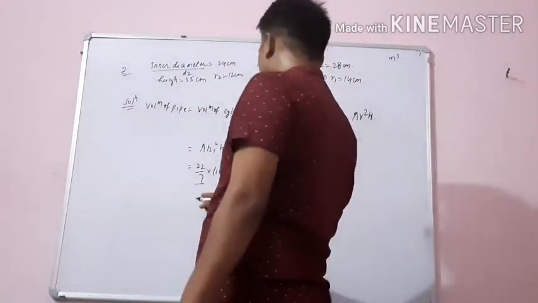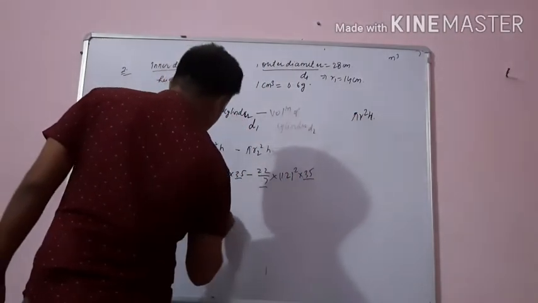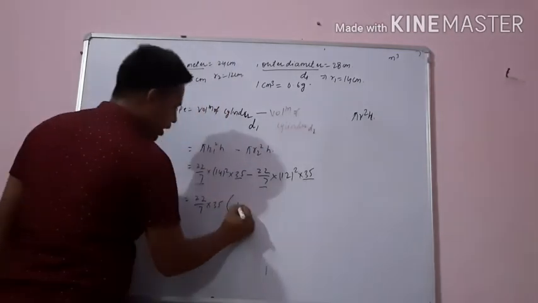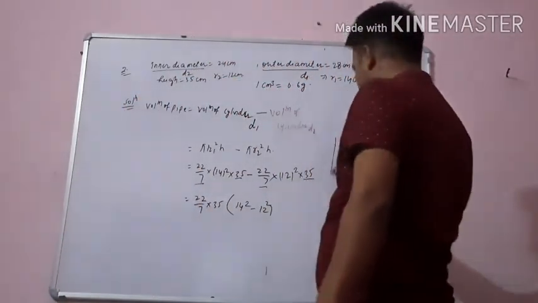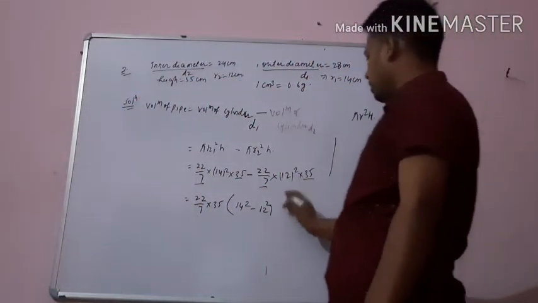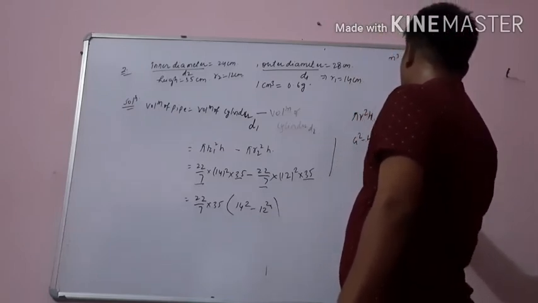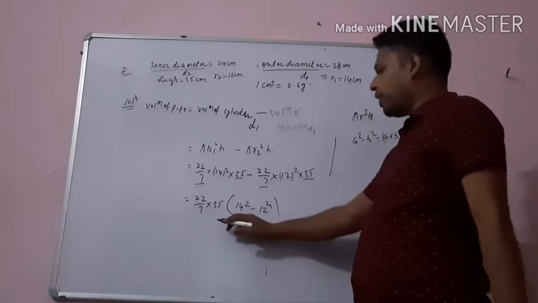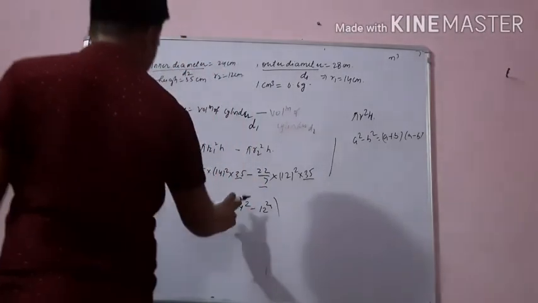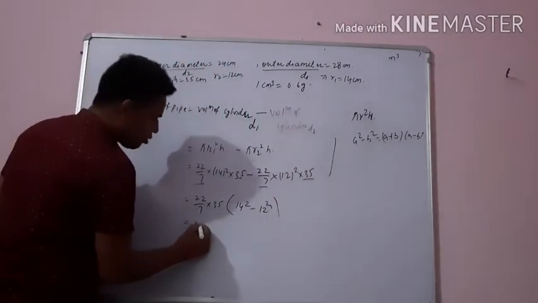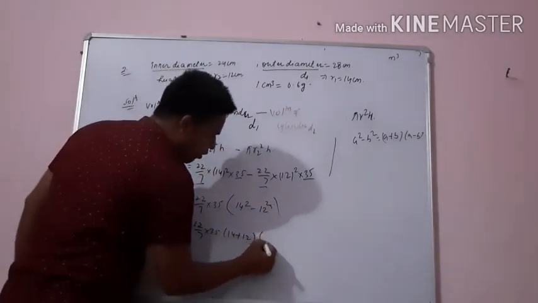In both, 22 upon 7 into 35 is common, so we take it out. In the bracket we have 14 square minus 12 square. You know a square minus b square equals a plus b times a minus b, with 14 as a and 12 as b. So it can be written as 22 upon 7 multiplied by 35 times (14 plus 12)(14 minus 12).